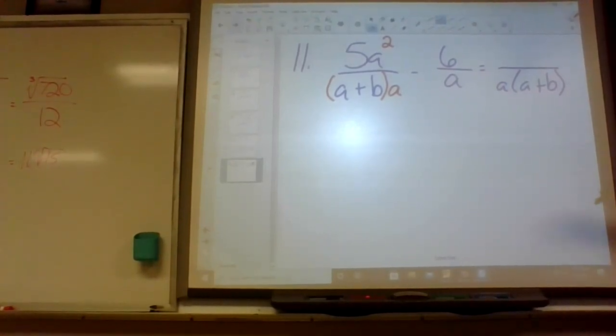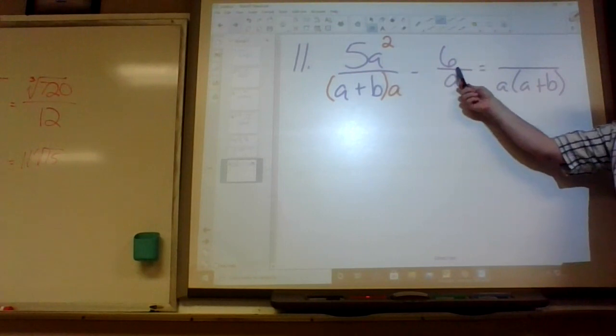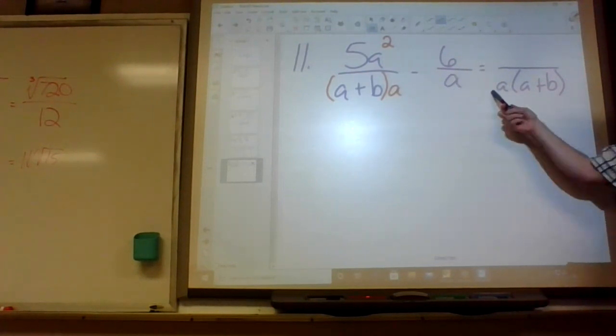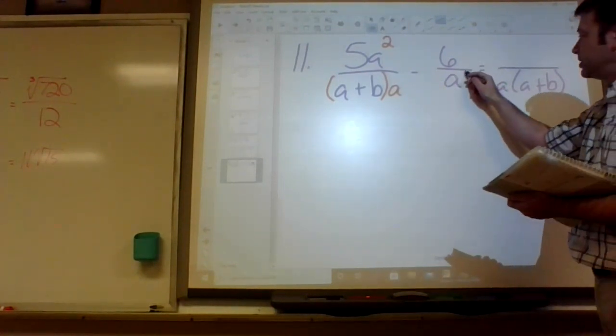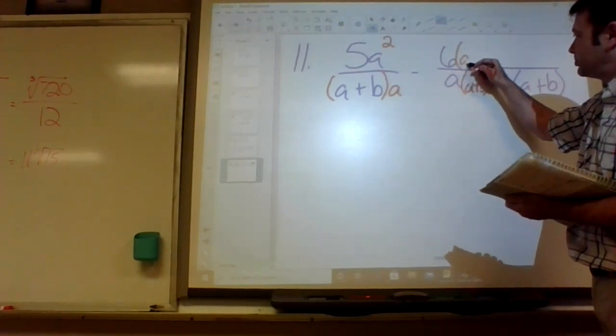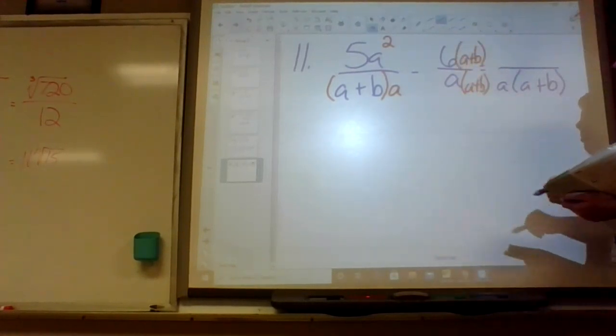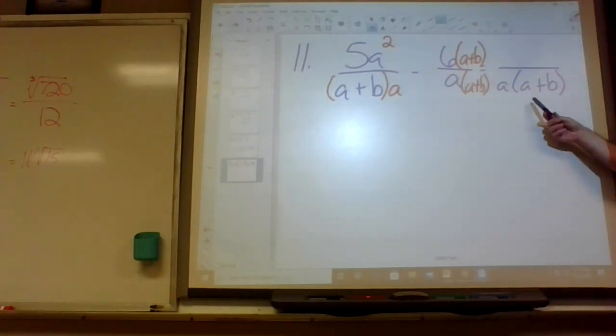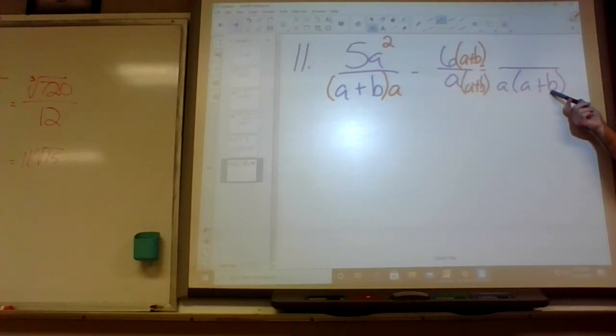Okay, what is the second fraction's denominator missing? Oh, a plus b. It needs an A plus B on the bottom. We don't really need to do anything to the bottom. The bottom just stays the same. But we can simplify the top a little bit.